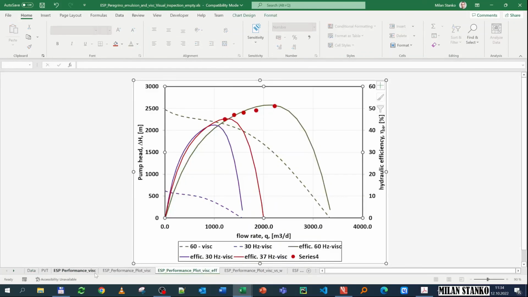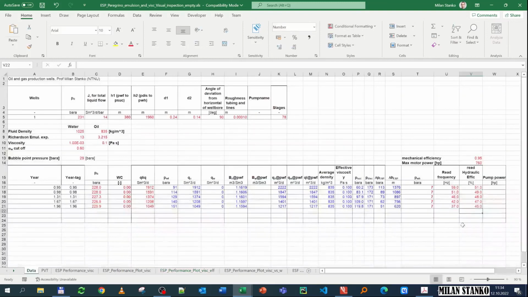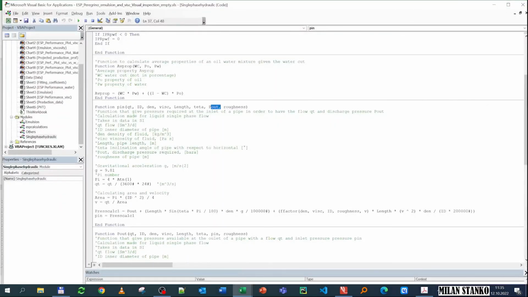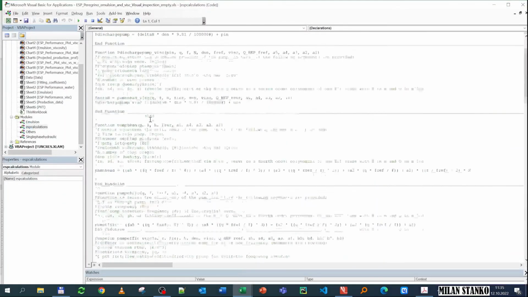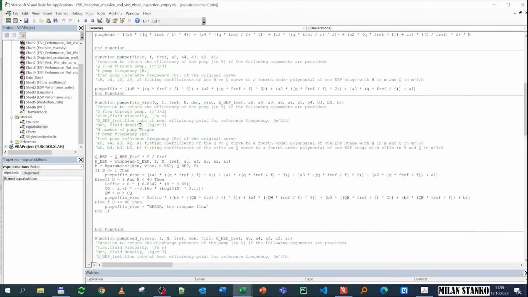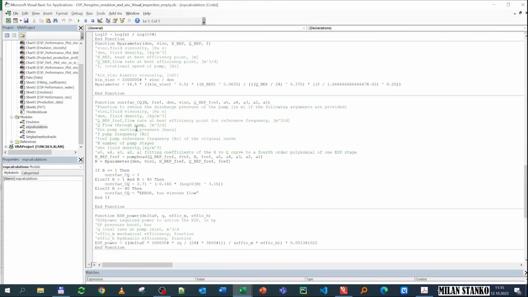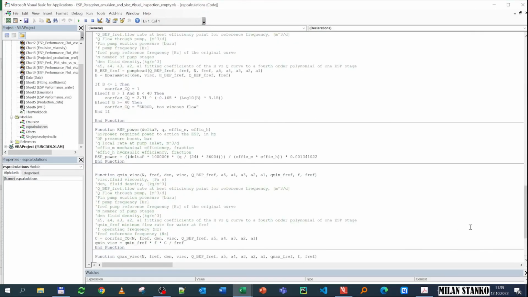Okay, so finally we completed the estimation of the hydraulic efficiency. You see, it's also going down somewhat with time. And now that I have the hydraulic efficiency, I can calculate the power. Let's go to the equation that I'm using here for power. It is under the ESP calculation, and let's look at power.